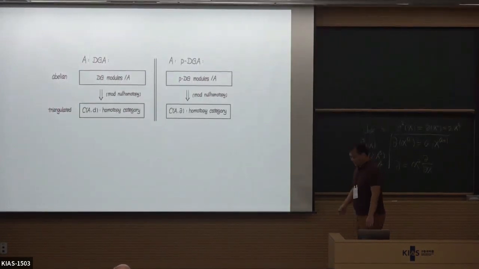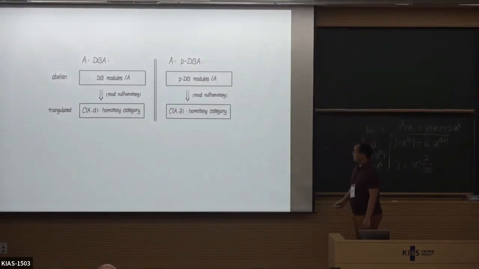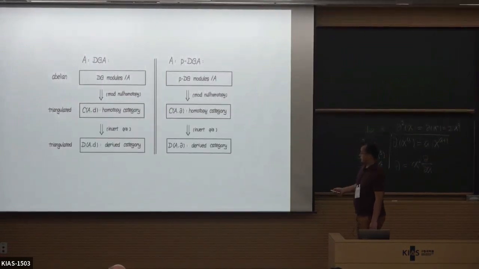And earlier we explained what the analog of taking cohomology is. Taking cohomology is just forgetting the module structure and passing to the stable category of H modules. So then the notion of quasi-isomorphisms makes sense. So you can invert quasi-isomorphisms to get the derived category of PDG modules or DG modules.